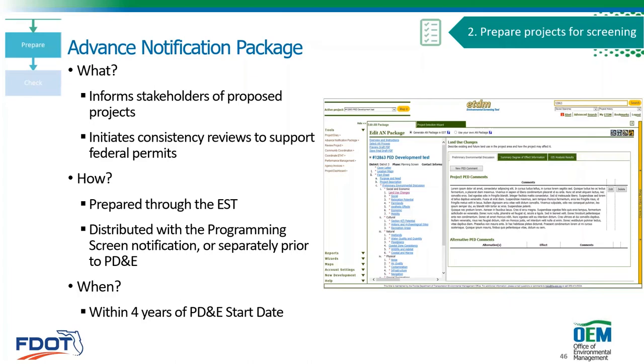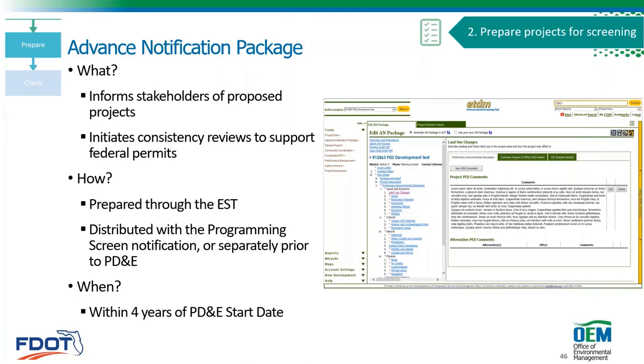It also initiates consistency reviews to support federal decisions. In many cases, federal consistency may not be needed, but in certain cases it may be needed for a SEER, and it's described in the SEER chapter.